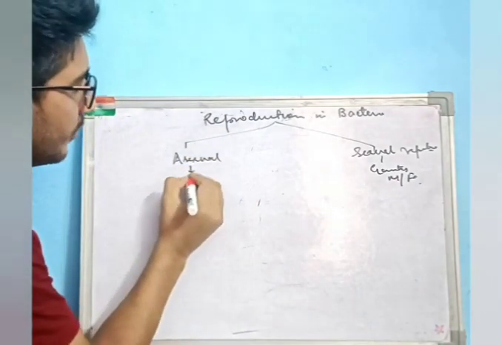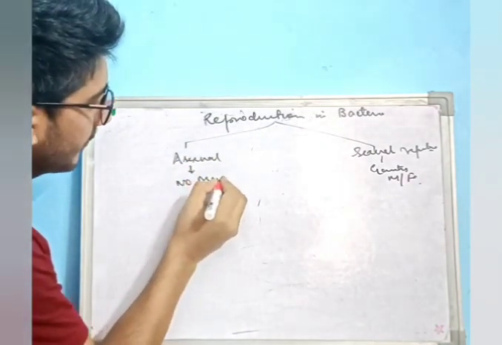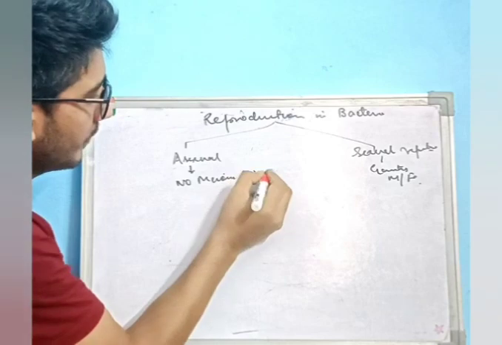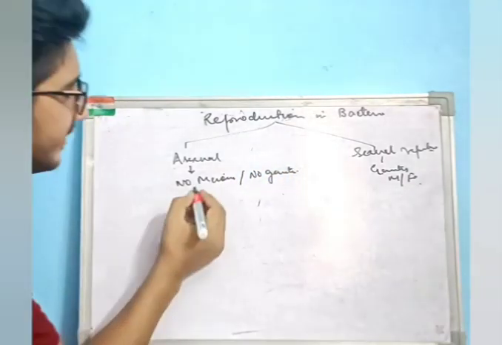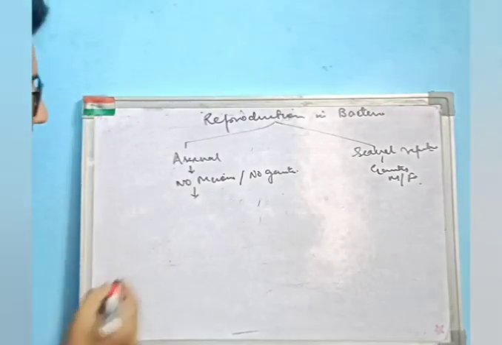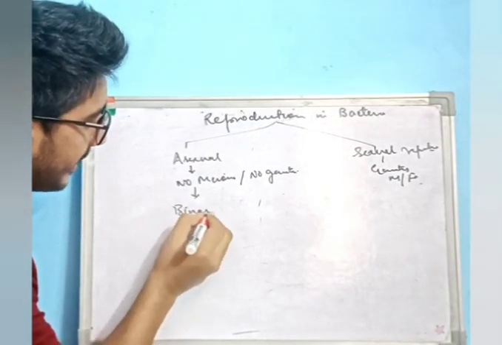In bacteria, asexual reproduction takes place by binary fission.